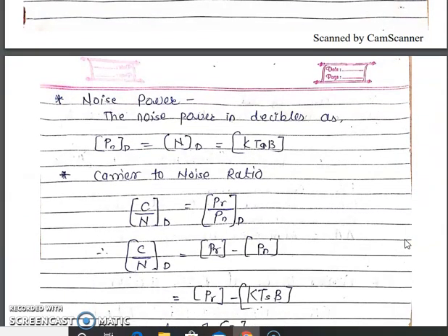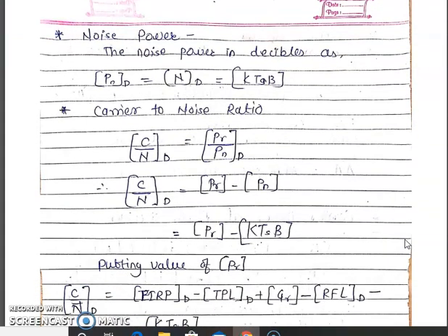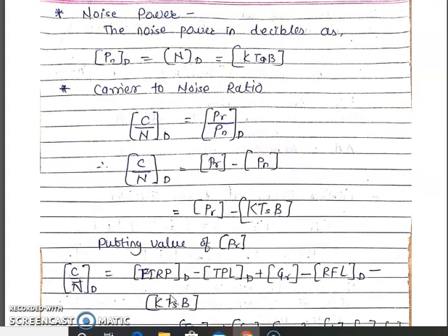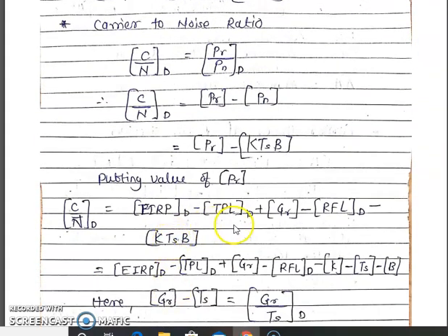Now, carrier to noise ratio. Whatever the noise is, same as the noise power Pn, and that is same as the KTB. So this PR divided by Pn formula is for C by N. So PR minus Pn. So PR minus KTB. Again we can separate this KTB as PR minus K minus T minus B. So putting the value of PR, it is EIRP minus TPL plus GR minus RFL.